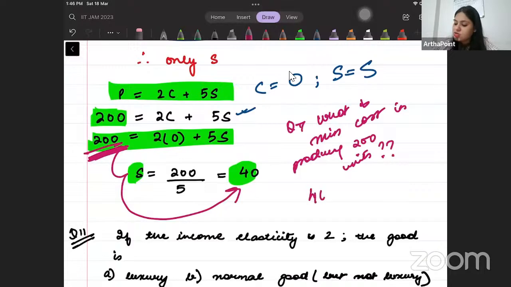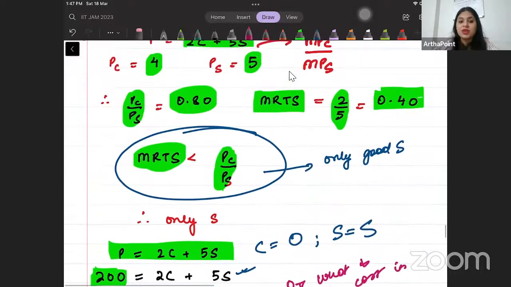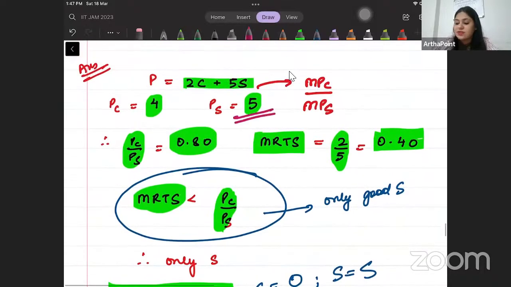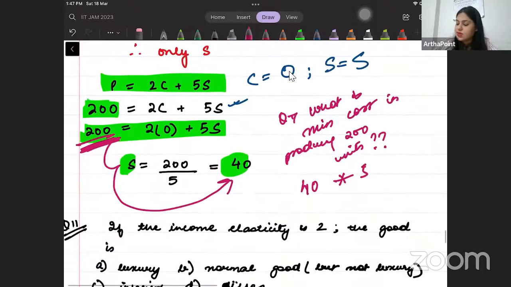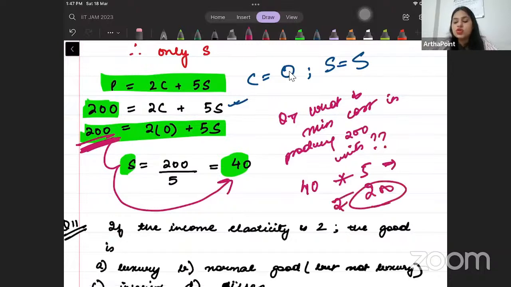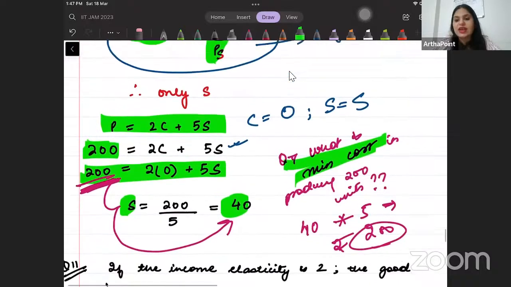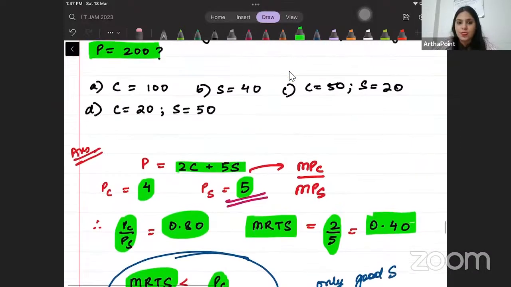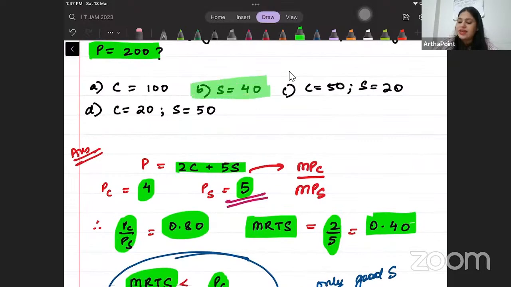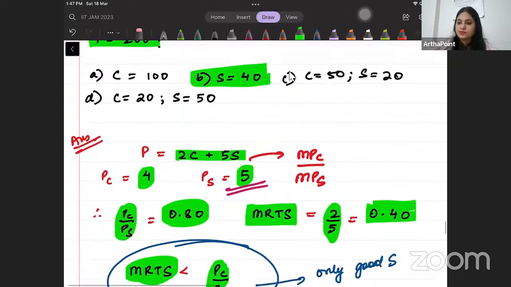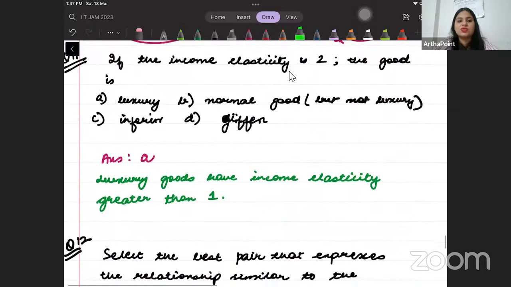So I'm using 40 soybean, and I also know that each soybean costs me 5. So into 5, that means I will be spending 200 rupees. So sometimes they may ask you, what is the minimum cost? And you should be able to find that also. For now, the answer is S is equal to 40. Okay, come to the next question.